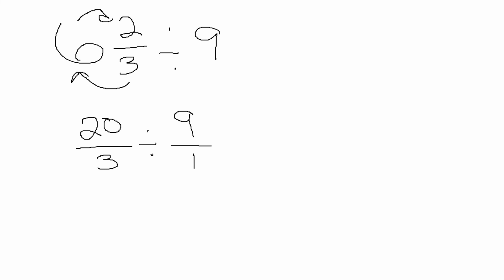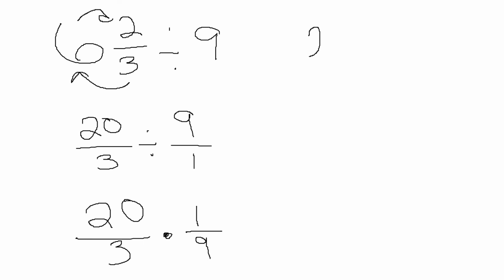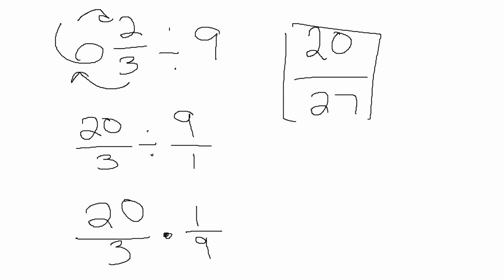Now, we flip the second and multiply, or keep the first, change to multiplication, flip the second. And now we're multiplying. We do not need a common denominator, so we do top times top over bottom times bottom. And if we can, we reduce. If we can't, we leave it just like that. And 20 over 27 cannot reduce, so that is it.